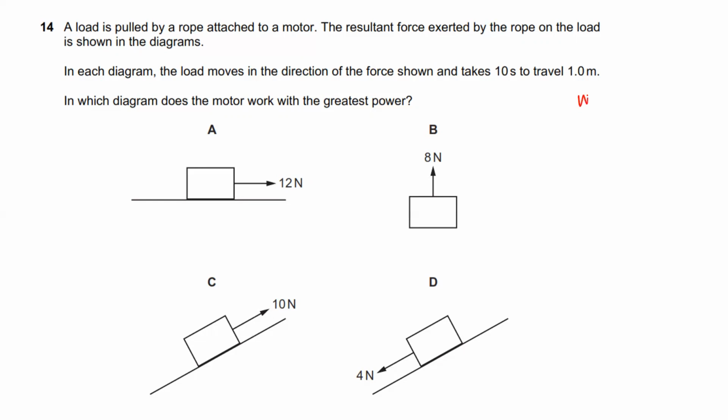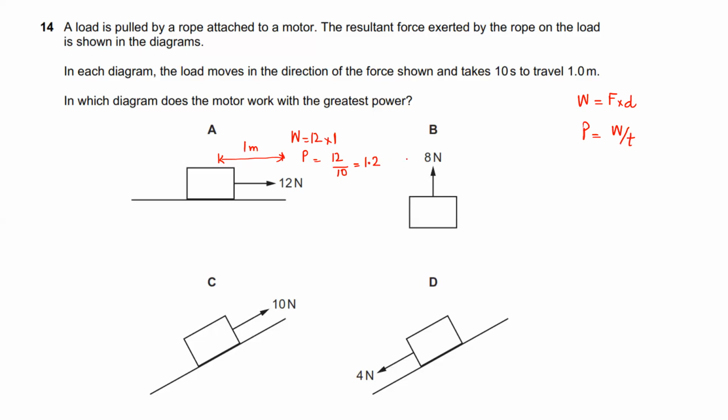So remember, work done is force multiplied by the distance traveled in the direction of force, and power is work done per unit time. We can see from here that force is 12 Newton, and in the same direction it has traveled 1 meter. So the work done is 12 multiplied by 1, and the power is work done divided by time, 10 seconds.